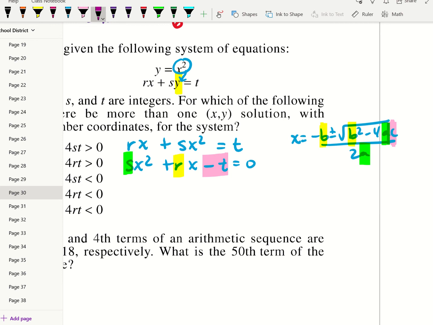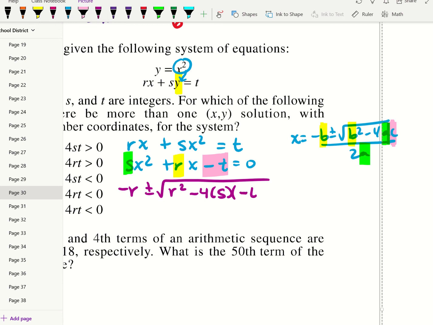All right, so I'm going to get negative b, or negative r, plus or minus the square root of r squared minus 4 times the number in the a position, which is s, times c, which is negative t, and I'll divide that by 2 times a, which is s.